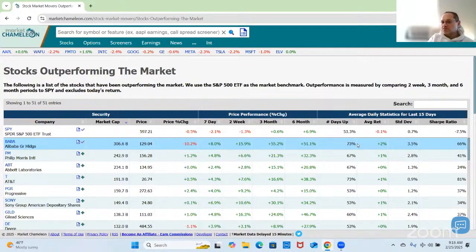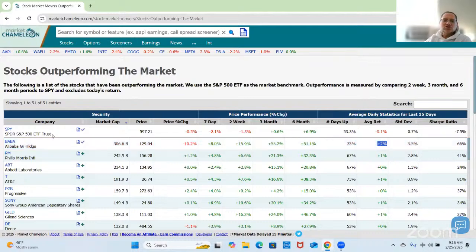The volatility to the downside, for example, could be so severe that even if you have small up moves 9 out of 10 times, the one down move is so volatile that all those up moves are irrelevant, right? On average, you would have lost. So let's look at the average return. We could see here the average daily return versus SPY. All these outperform because SPY here is in a negative right now.